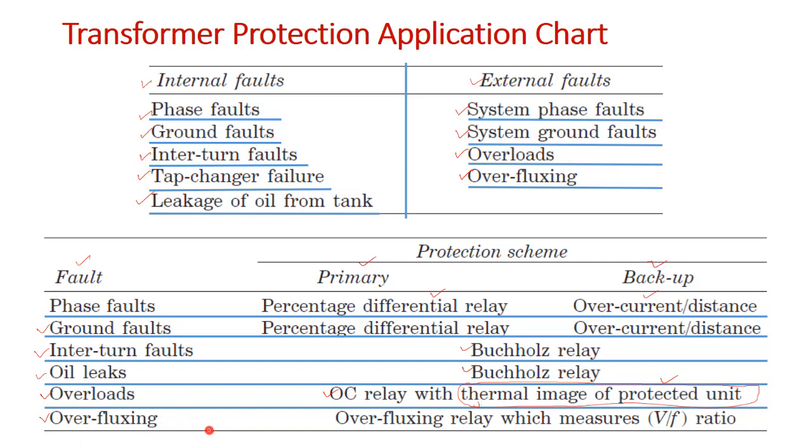Then the overfluxing relay, in fact, uses the V by F ratio, and this is called the overfluxing relay, or V by F relay. So this is how your transformer is protected.